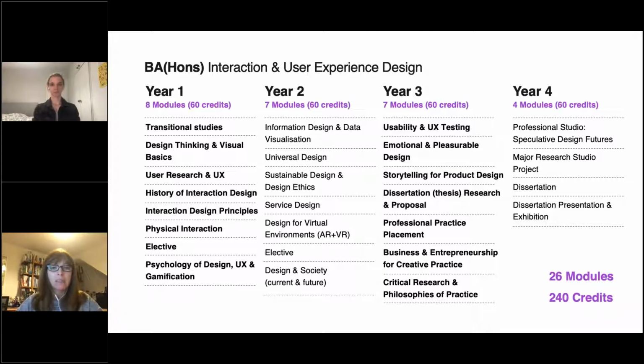So as I say, making people's lives easier. So it's really very interesting in terms of the types of projects and subjects you'll be studying. There are 26 modules spread over the 4 years, and that totals 240 credits, okay? And each year you will achieve 60 credits, and it's a level 8 honors degree.